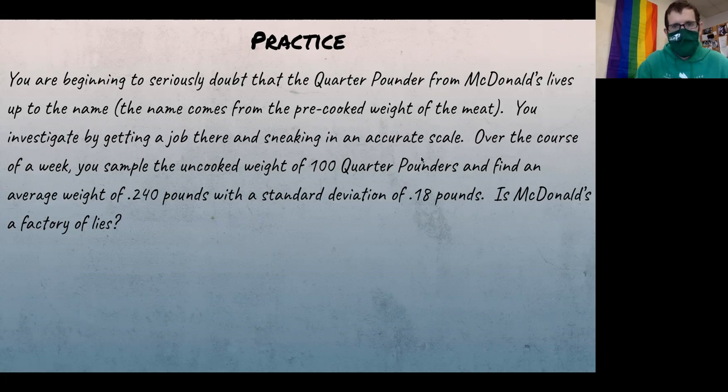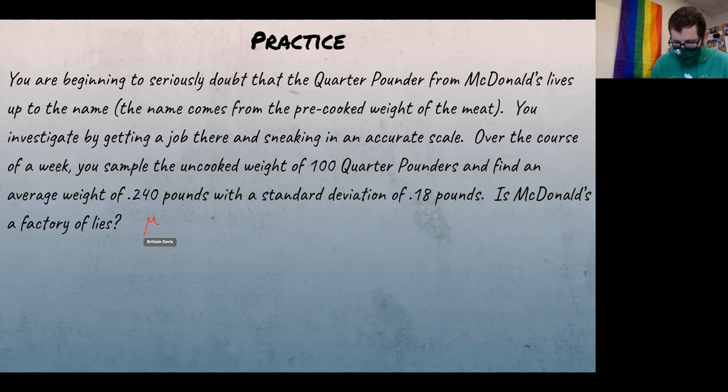So let's investigate this. The first thing we need to do, and we don't have a lot of space to work with, so I might have to do some work and then erase. First thing we want to do is decide what is our parameter of interest.